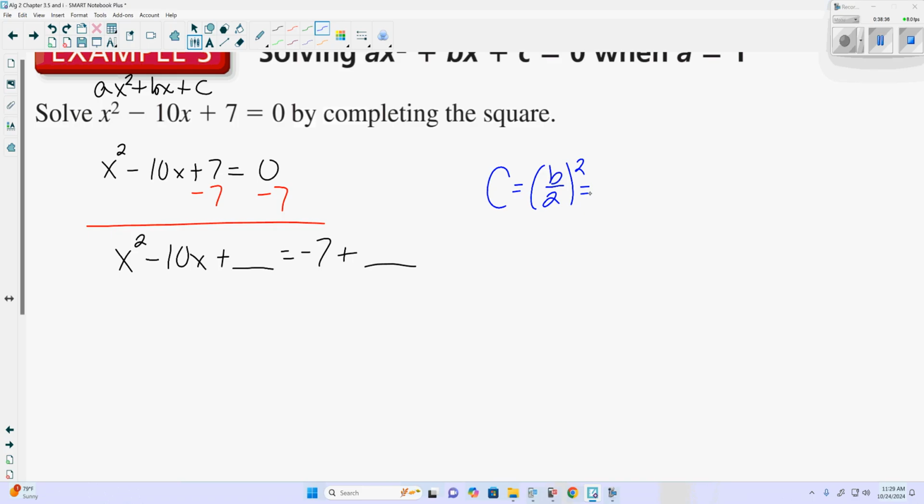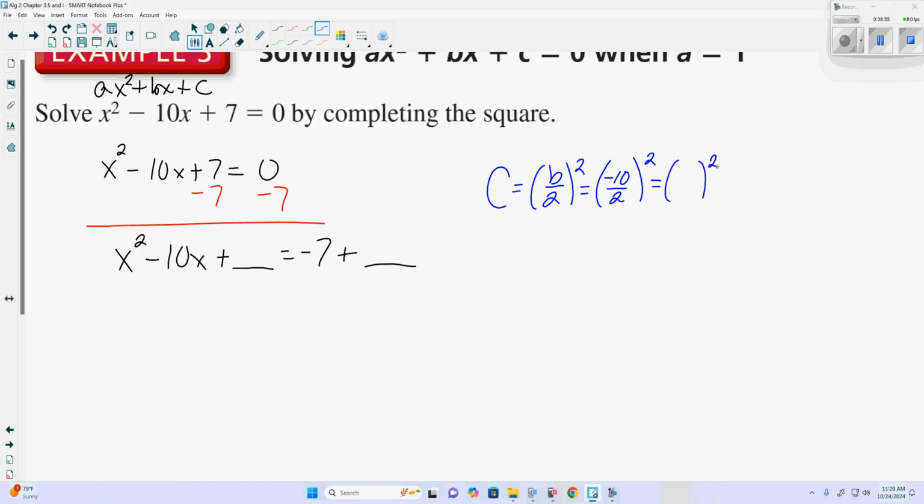Step number 3, find the value of C, which is equal to b over 2 squared, and we're going to plug it in. Now for us here, the value of b is what? Negative 10.